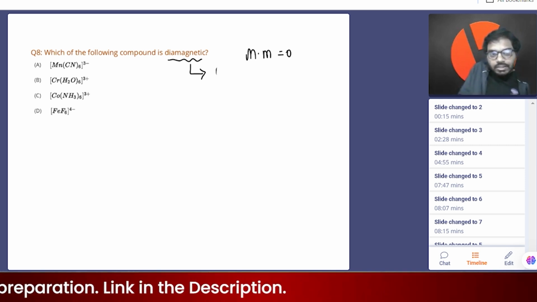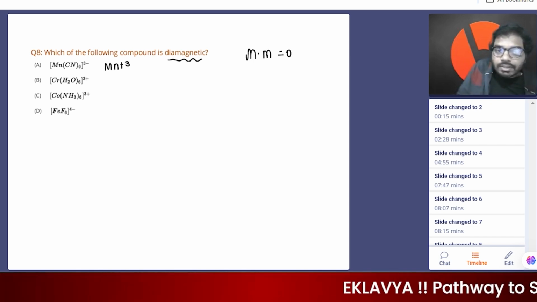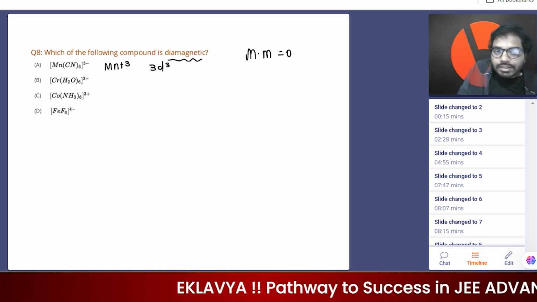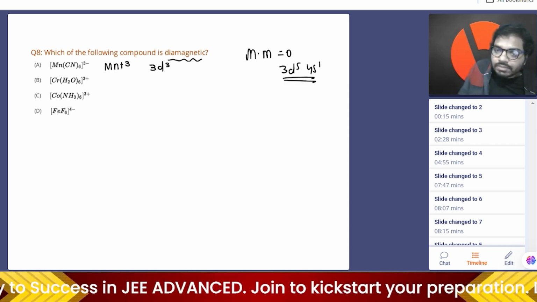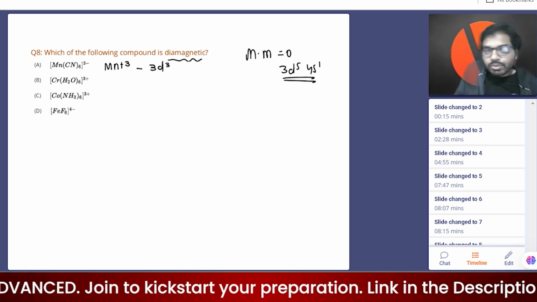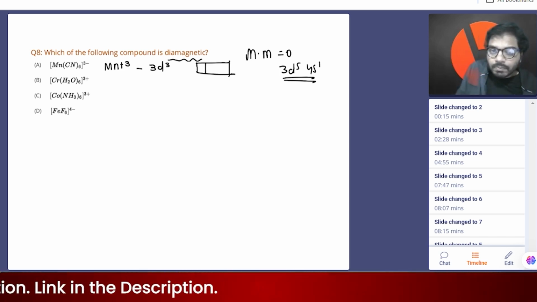In option A, the oxidation state is Mn plus 3. So what will the configuration be? It will be 3d3. For Mn it is 3d5 4s2, so we remove 3 electrons, and for Mn plus 3 it is 3d3. I hope this is clear to you.